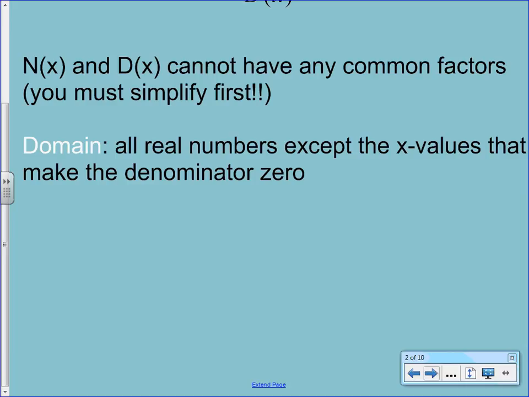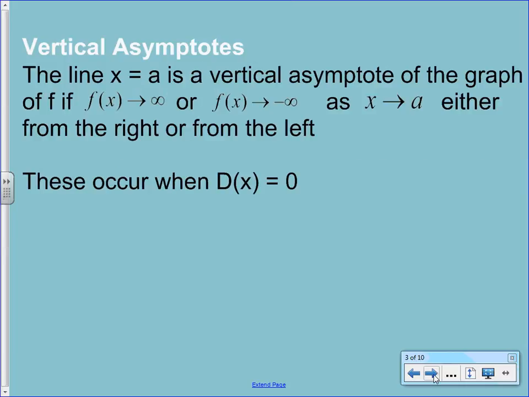So what is a vertical asymptote, first of all? A vertical asymptote is a line, x equals a, where on either side of this line, we're either going to approach infinity or approach negative infinity, but we're not going to cross the vertical asymptote.